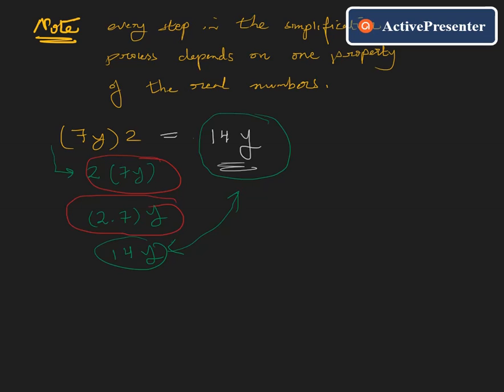You have 4 properties for each in the addition and the multiplication, in addition to the common property, which is the distributive property that combines both operations of multiplication and addition. So getting back to our example, this is the commutative property of multiplication, and this is the associative property of multiplication.